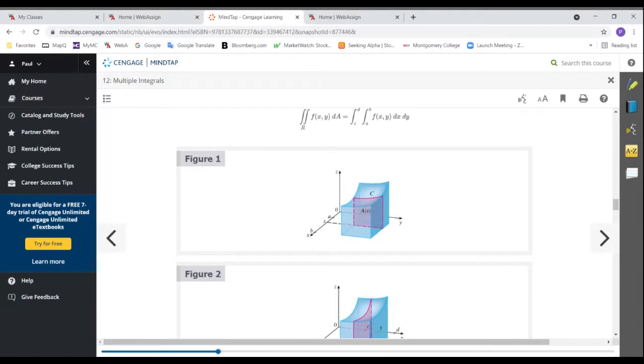In this case, you're holding x constant, but you're letting y vary from limits c to d. So it's the integral of f(x,y) with respect to y, where y goes from c to d.